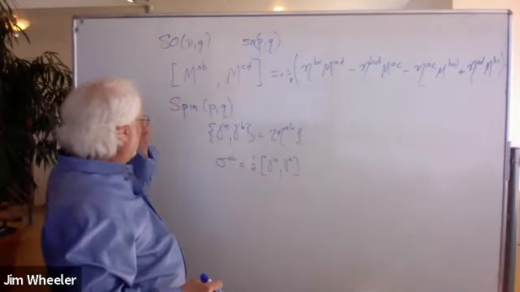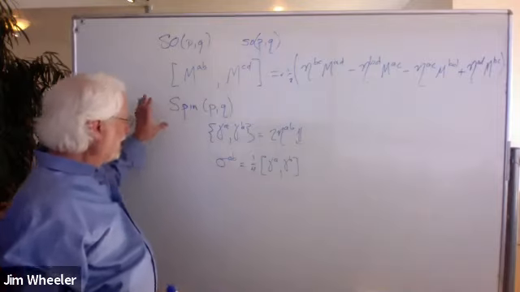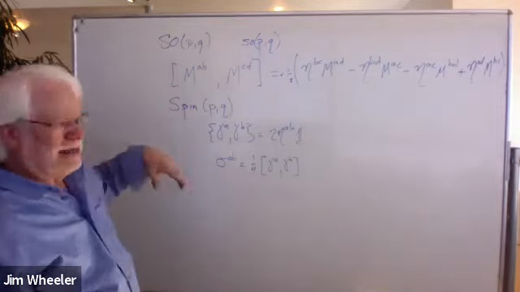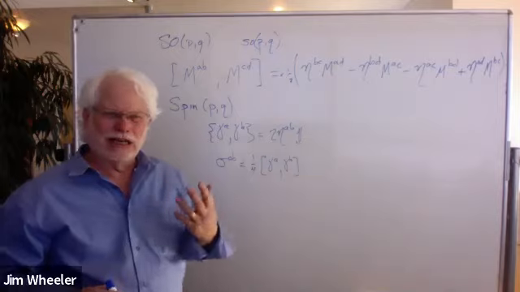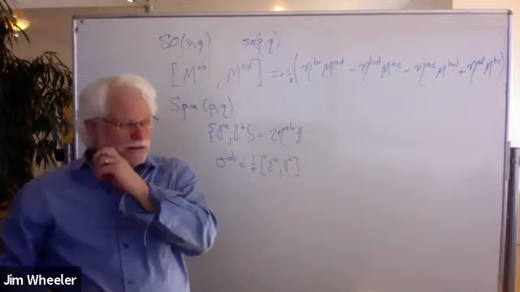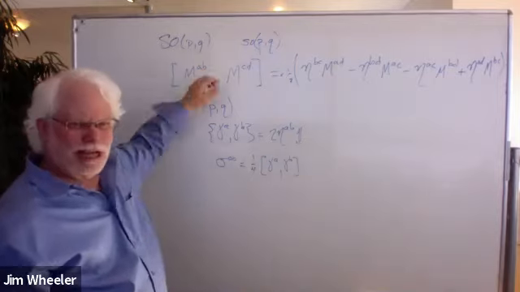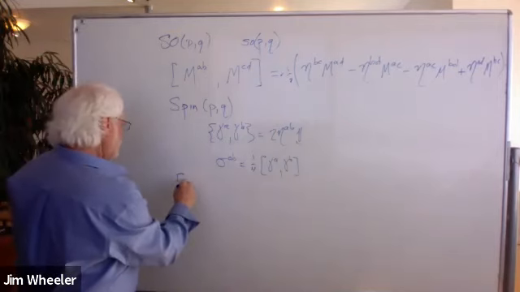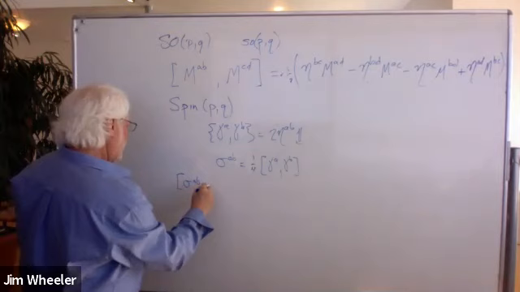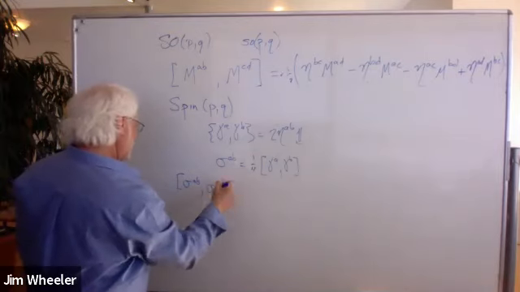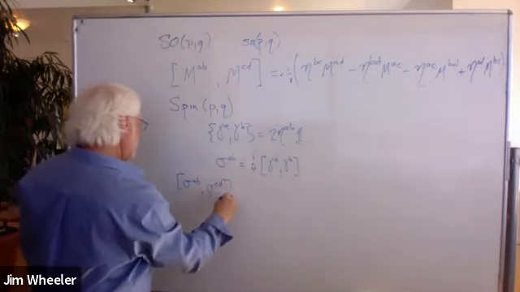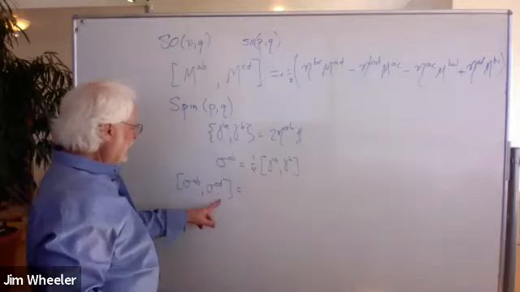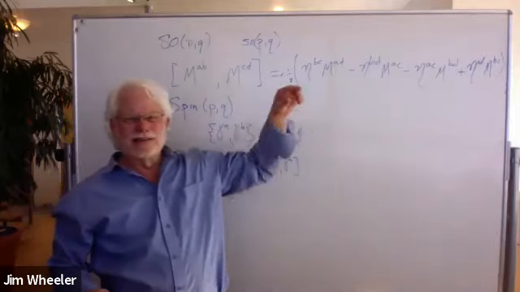But showing that this Clifford algebra really gives me a representation of the PQ rotation group is a matter of showing that the commutators of these guys, CD, equals the right thing, equals something that looks like this.